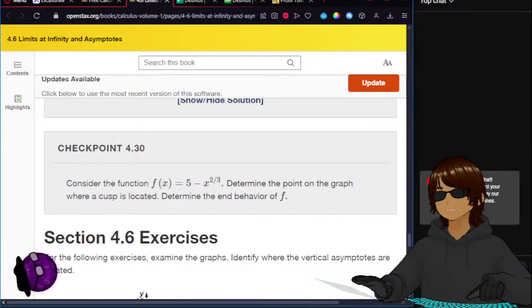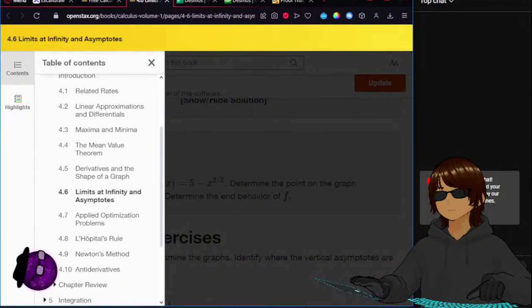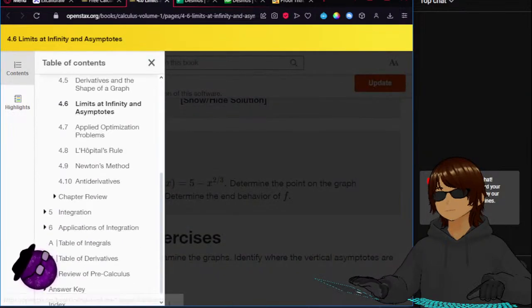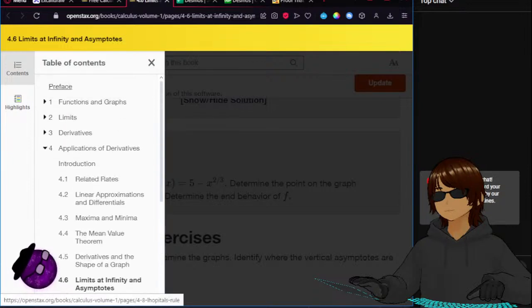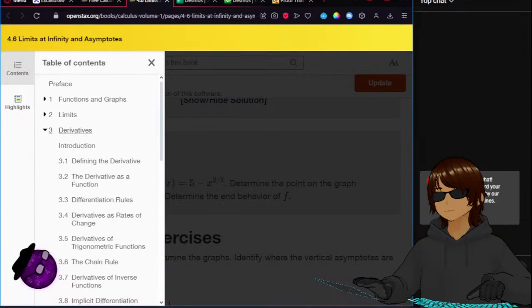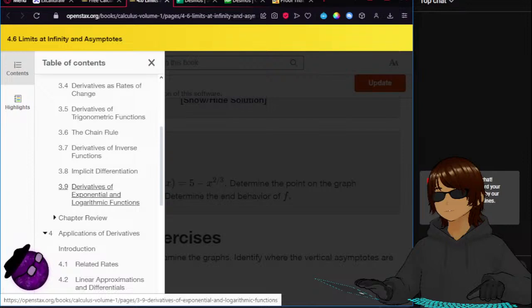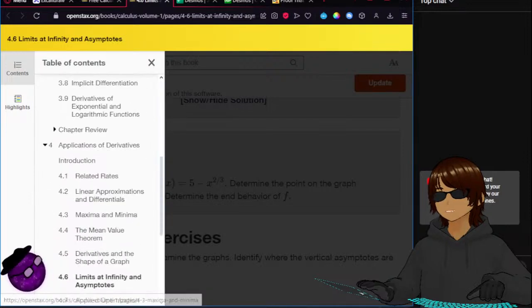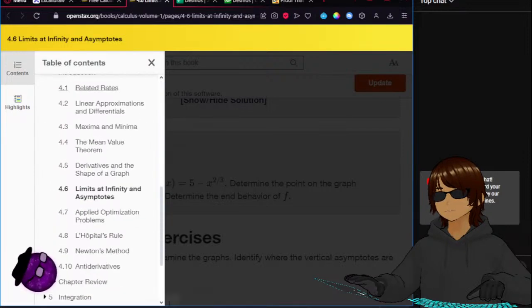Also, I did not talk about slanting asymptotes. Maybe it has, but.